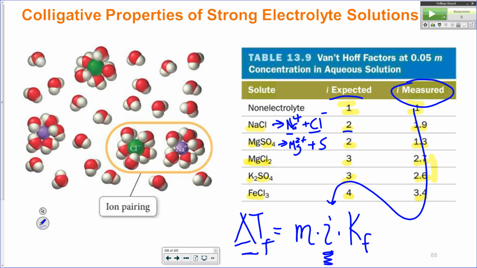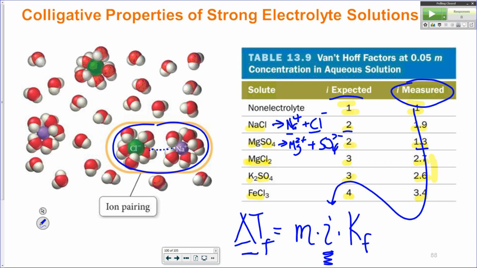My question is, how do you have half of a particle? Well, it's not that there's half of a particle there, it's that the influence of it is a half. These ions are attracted to each other by electrostatic interaction, and the more they stick together, the more effectively they become one particle instead of separate particles.